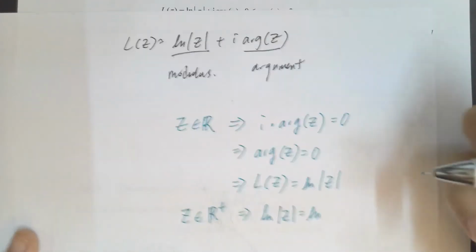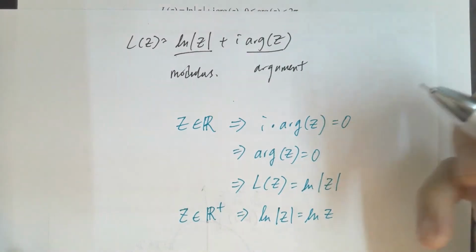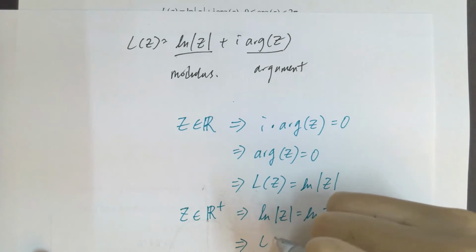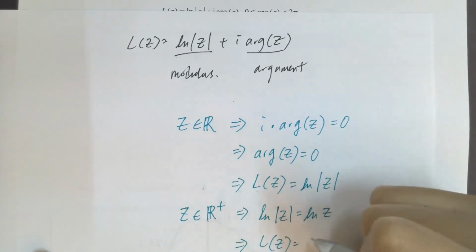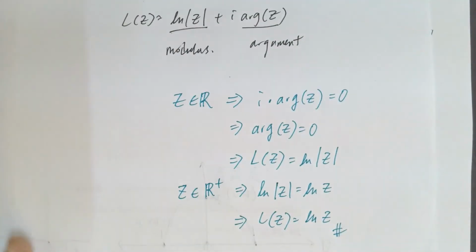With or without the modulus, they're the same thing because it's always a positive number. And so we can say that L of z is equal to ln of z. Done. So that's the idea.